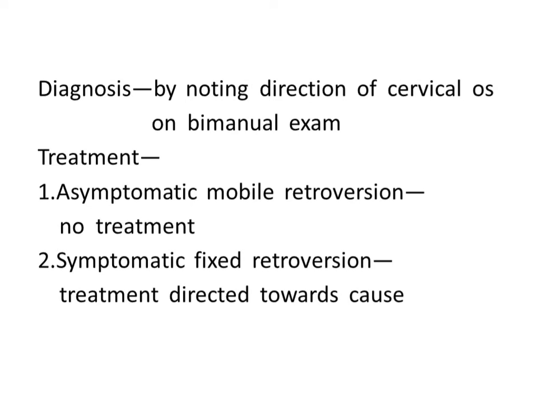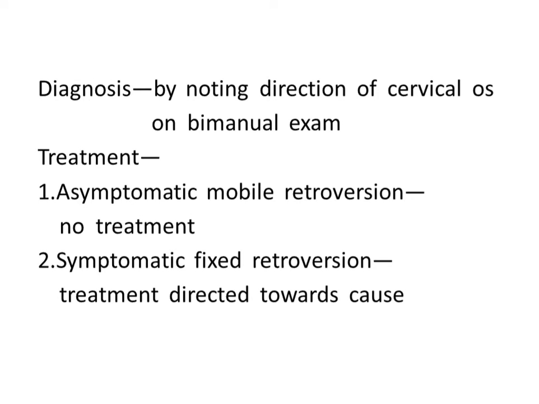So when there is a retroverted uterus, how do you treat this? Treatment: asymptomatic mobile retroversion, no treatment. Because this was detected only because you have done a pelvic examination for some other reason, maybe as a general checkup or whatever reason, and you have detected that the uterus is retroverted. But the patient has absolutely no symptoms.